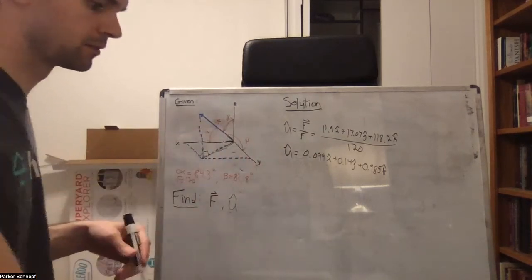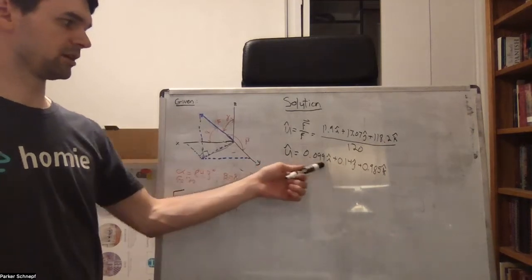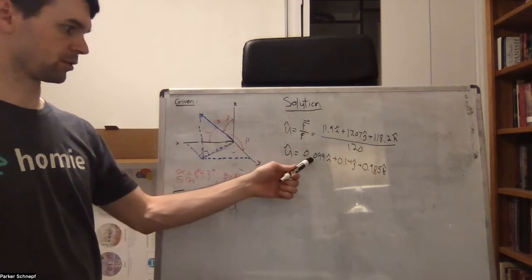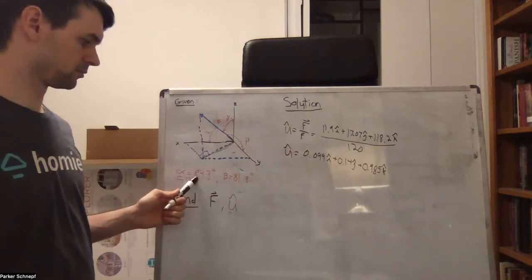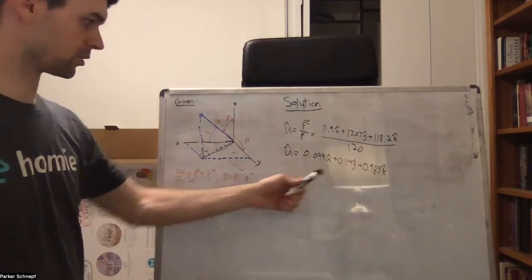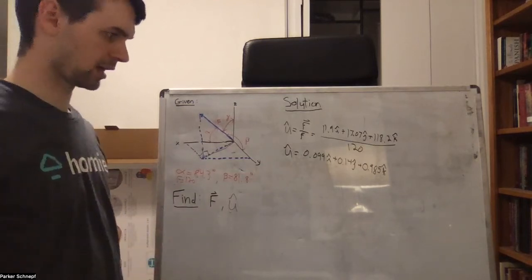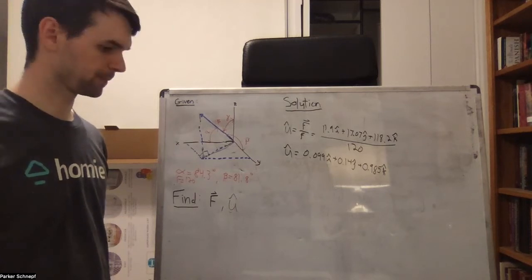Something interesting that you may know is that these values are the same as the cosine of the direction angles. So 0.099 is cosine 84.3 degrees, and 0.14 is cosine 81.8 degrees. So I'll let you chew on why that's true, and see if that makes sense to you.